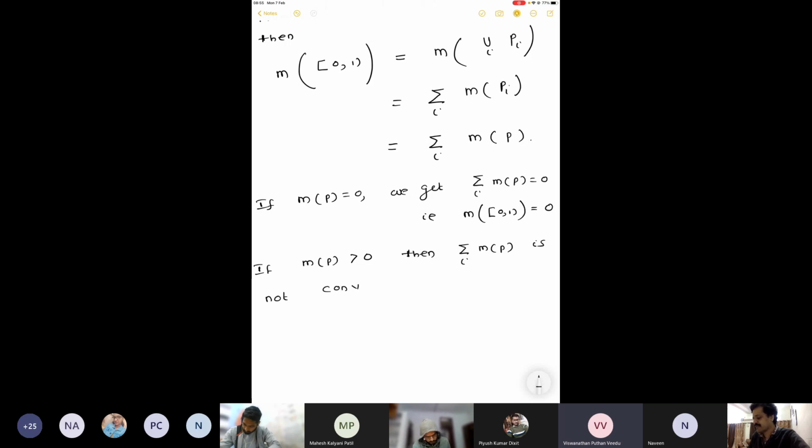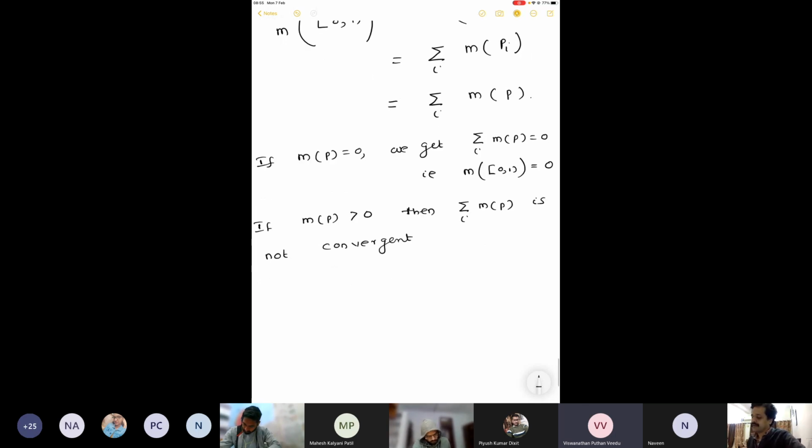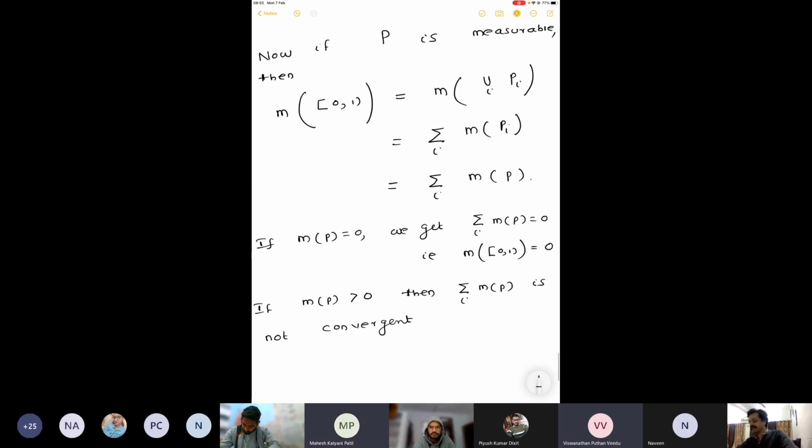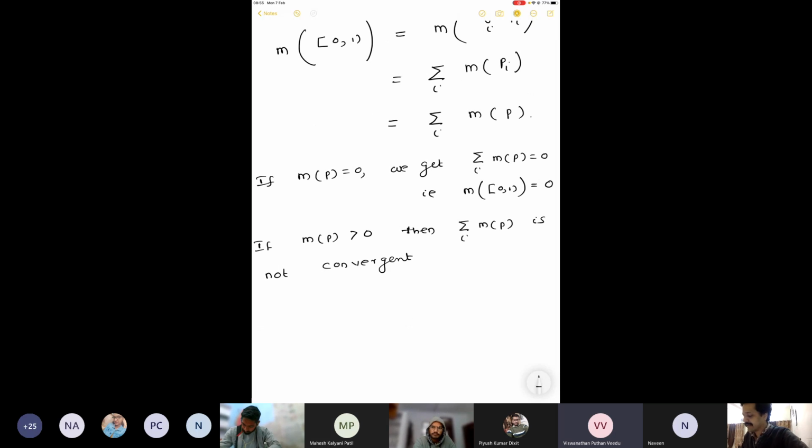Or you can say it is equal to plus infinity in this case, because each one is positive. And again, you get a contradiction, because left hand side is measure of [0,1), and you know that it is 1.